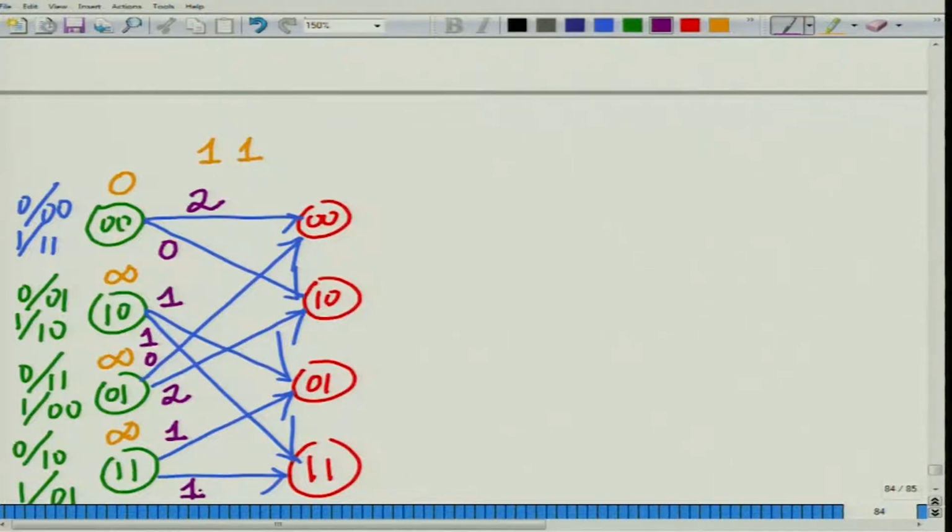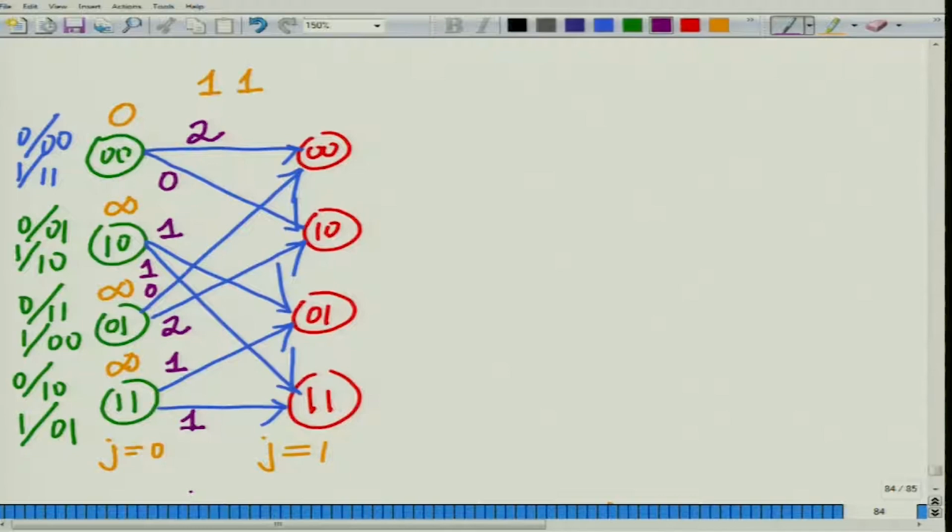Okay. Now, remember we use principle number 2. Look at this. At state 0 0 at time instant j equal to 1, I can either arrive from 0 0 or from 0 1.